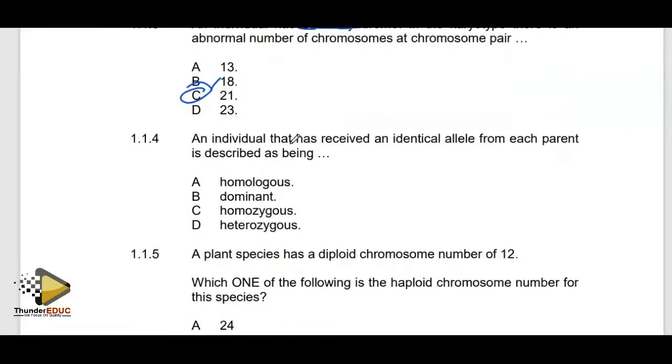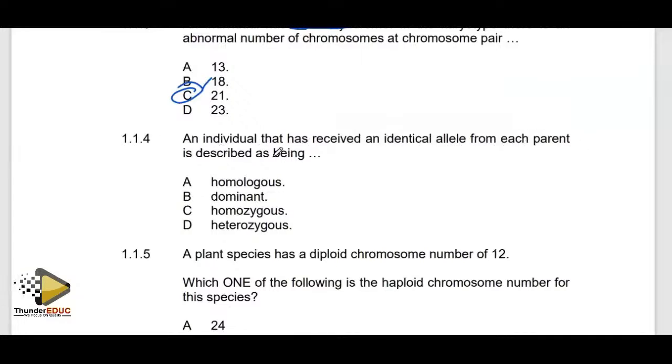Then they're saying that an individual that receives an identical allele from each parent is described as, how do you describe an individual that receives an allele which is identical from both parents? For example, one parent is capital T, small t, and the other parent is capital T, small t.